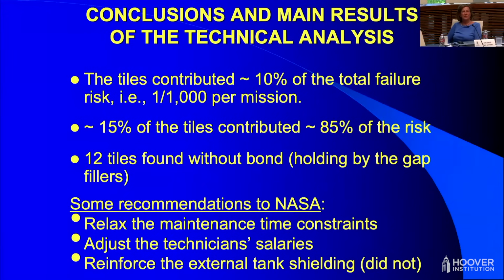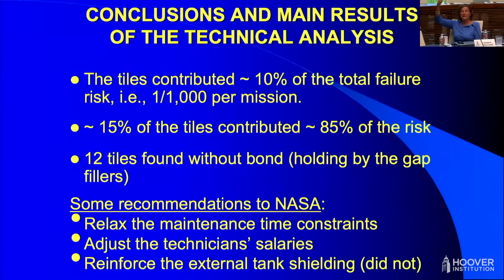12 tiles were found without bond and holding by the edges to gap fillers. And what we told NASA, among other things, was to relax the maintenance time constraints, to adjust the technician salaries. They were not paid as much as some of the other technicians, so they would be moving to another position, and reinforce the external tank shielding.